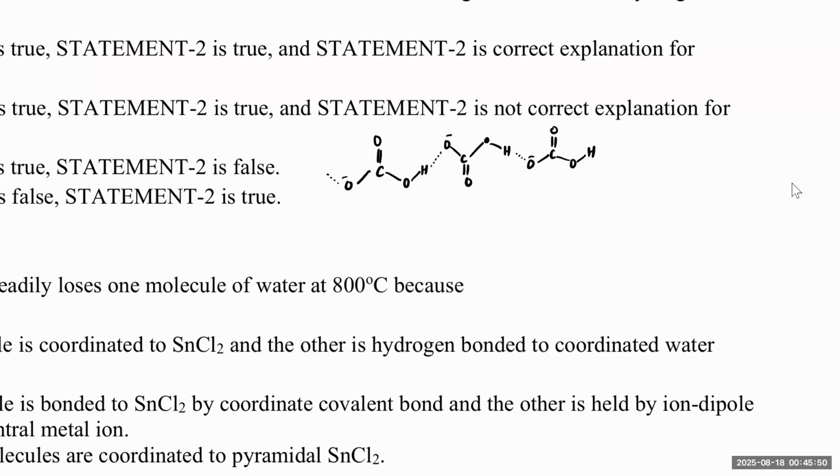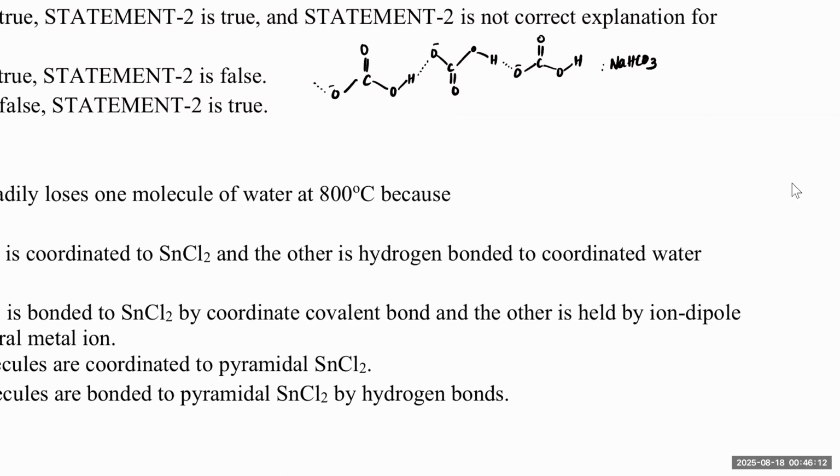This is how the connections are observed when you have NaHCO3. In the case of NaHCO3, you would notice an infinite series of hydrogen bonding connections this way. So this is the structure of NaHCO3.